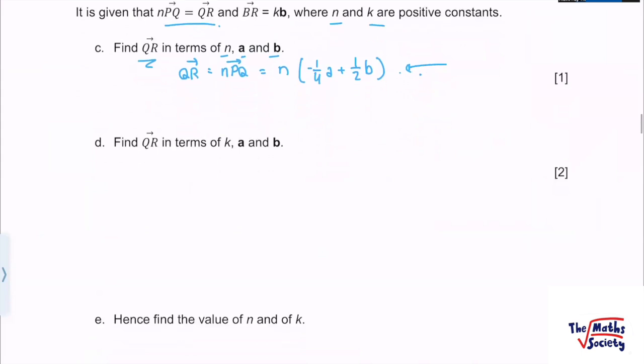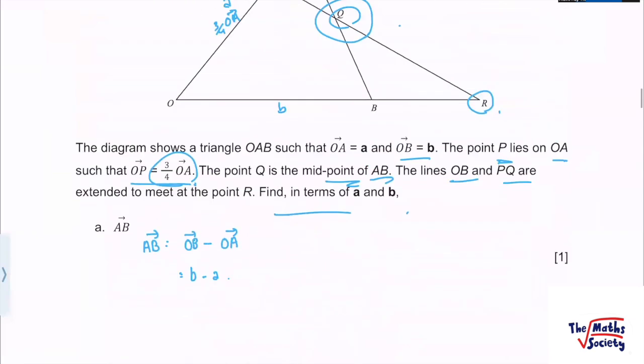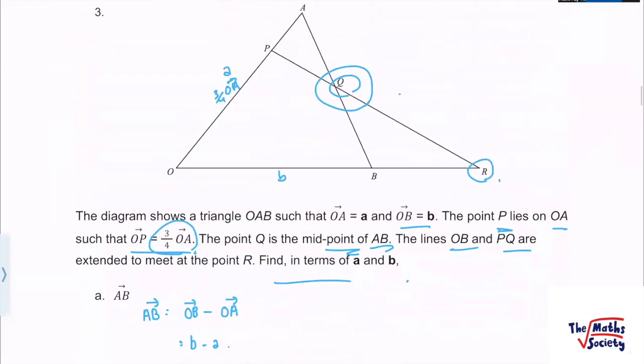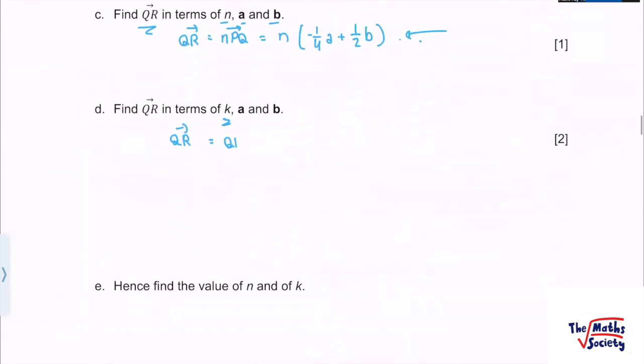And for D, it says to find QR in terms of K, A, and B. This time it's K. So because BR is equal to KB, right? So we know that we need to go from QB and BR. So that's going to be QB plus BR.